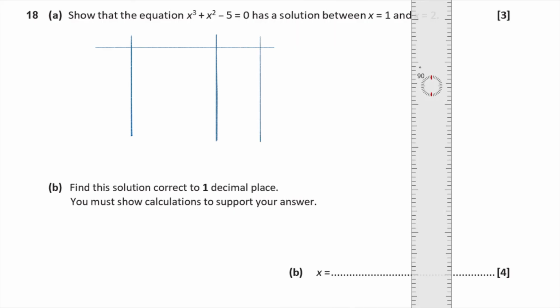Right, so first up, my value of x. So I'm going to try the values 1 and 2 in the equation x cubed plus x squared minus 5 and see what I get.